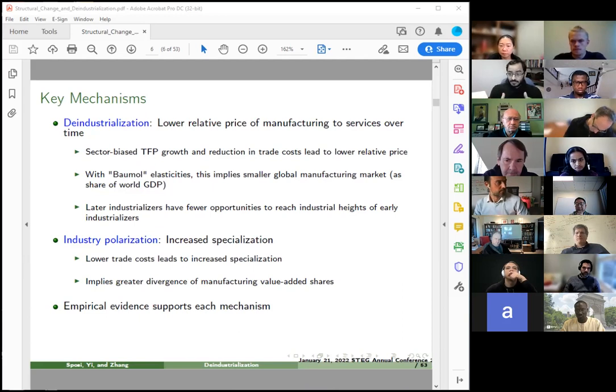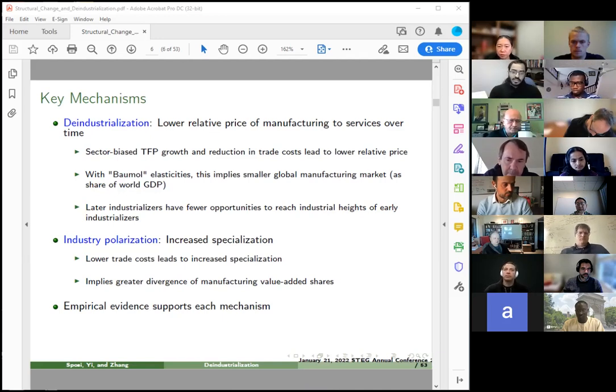It's not specific to just a few countries; these are both global phenomena. In addition, our estimated price elasticities, or Baumol elasticities, are less than 1 across every component of spending, which includes various components of final demand as well as intermediate demand.